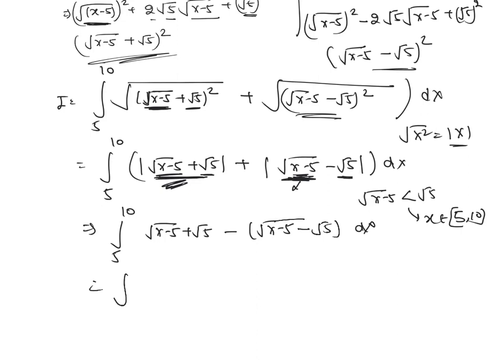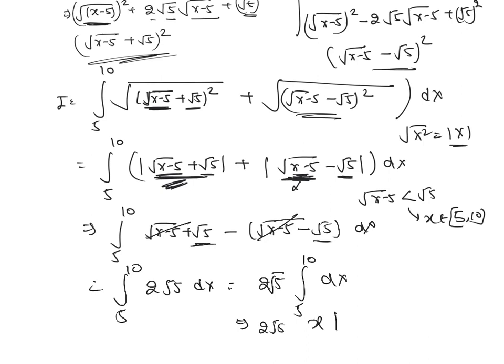If I use 5 to 10, you can say this is getting cancelled. Root 5 plus root 5 is 2 root 5 into dx. So this will come 2 root 5 into integral 5 to 10 dx. If I integrate this, 2 root 5 into x from 5 to 10, so 2 root 5 into 10 minus 5, which is 10 root 5. This is the answer.